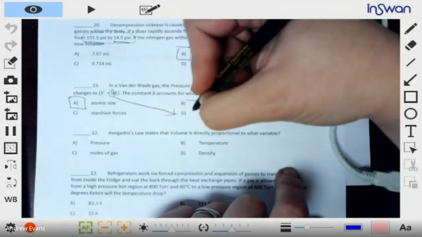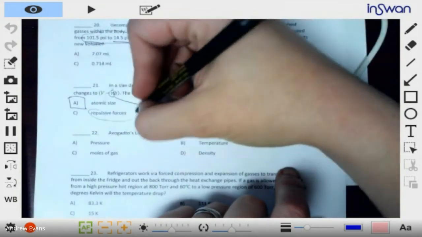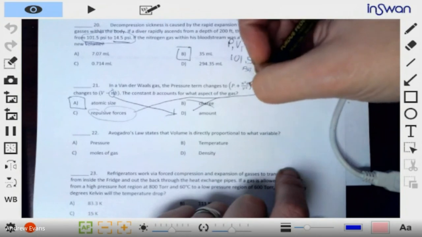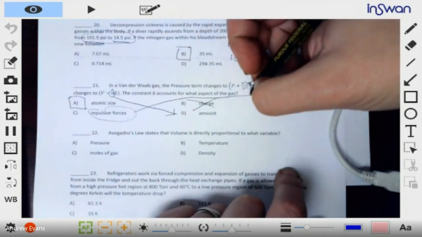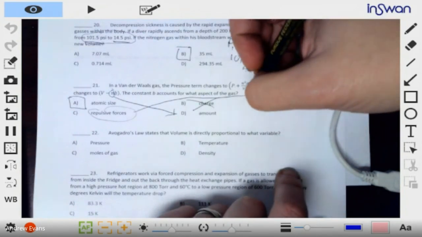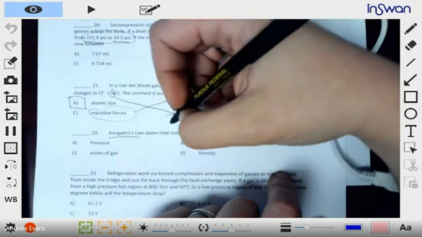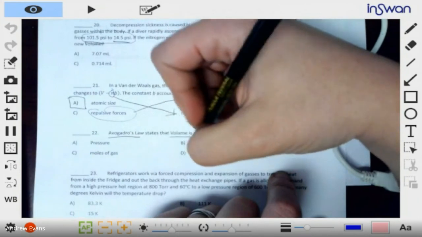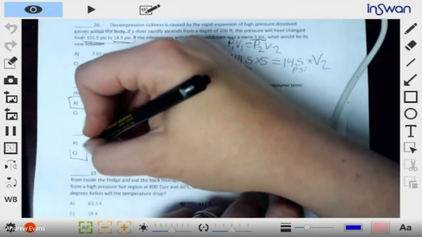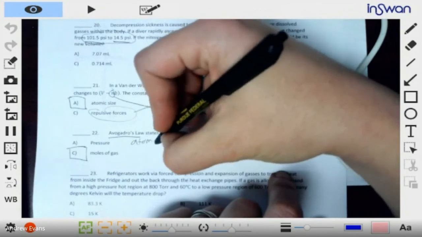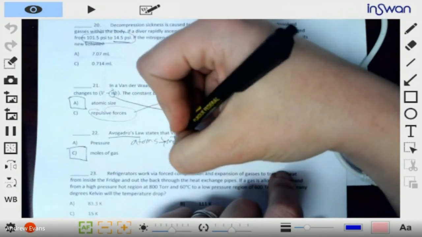There's no charges, and attractive and repulsive forces are our a. So, just breaking down. Avogadro's law states that volume is directly proportional to what? Avogadro is known for Avogadro's number, which is atoms to moles. So he related to moles.